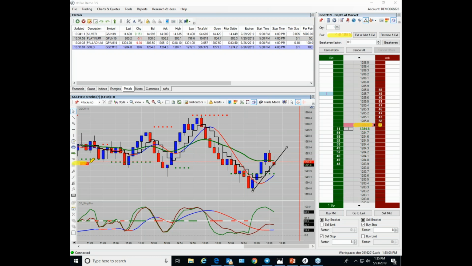And see this red horizontal line? This also lets us know we're short right there at 1284.90. So there's 3 places where it says, hey, you're short right now. With the down close, the close of that candle was 1284.90, so I left clicked at the close of the candle. That's what activates the short.